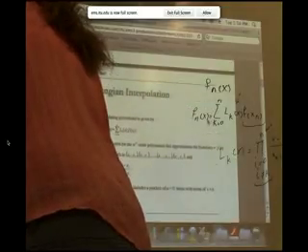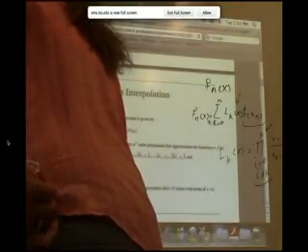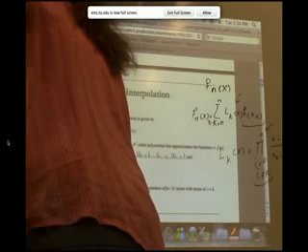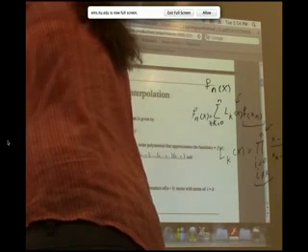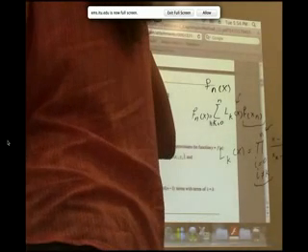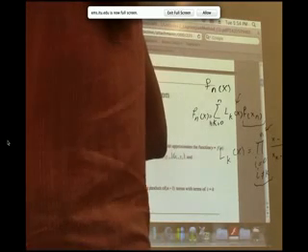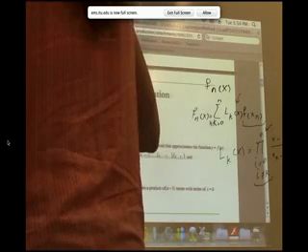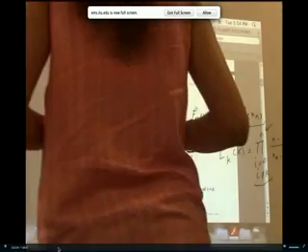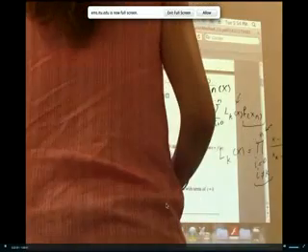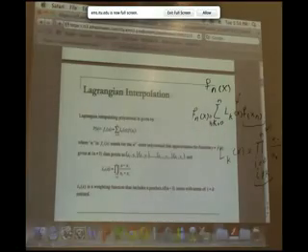So let's, n is the order of our polynomial. So consider, let's write this down for an example. Let's say, let's do it for linear first.